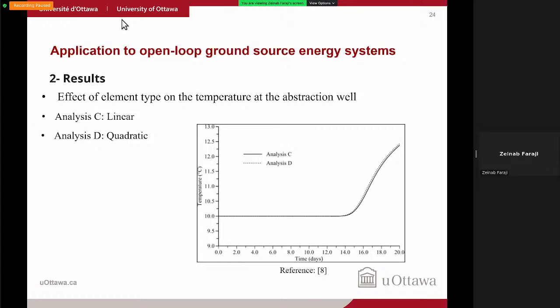So the element type has no big impact on the temperature at the abstraction well, because both are fine mesh.